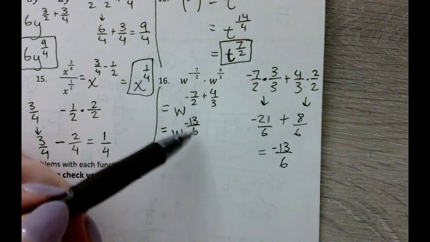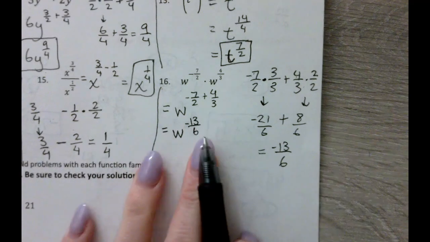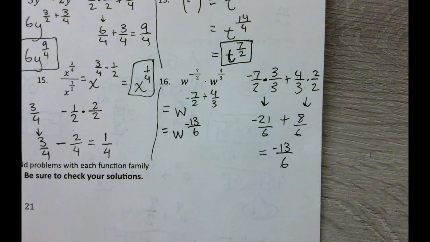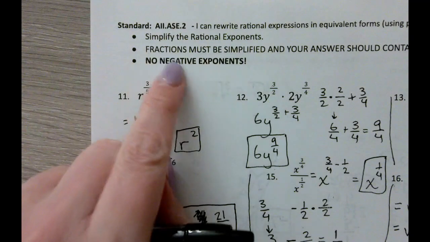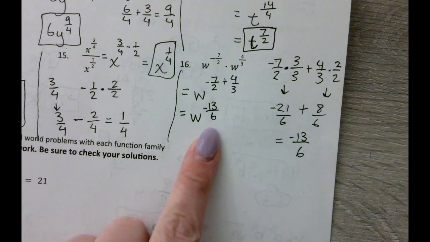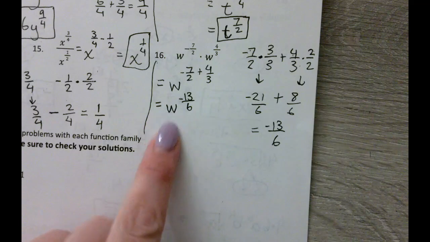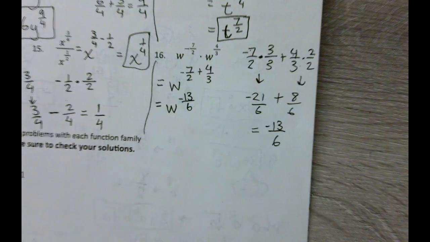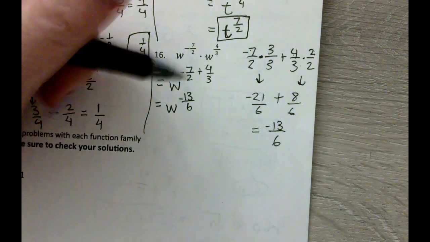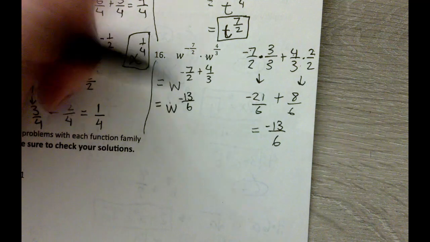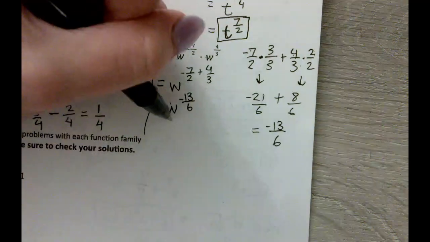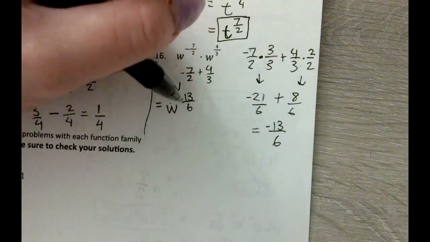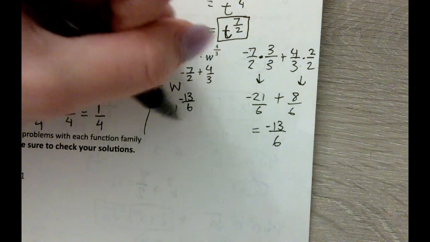13 and 6, I can't reduce that, so it's simplified, it's reduced. Remember, no negative exponents. So if you left this as your answer, you would be losing some credit because this is not allowed. Remember, to get rid of a negative exponent, I need to flip it like a fraction. The whole thing, not just the exponent. So write this over 1.